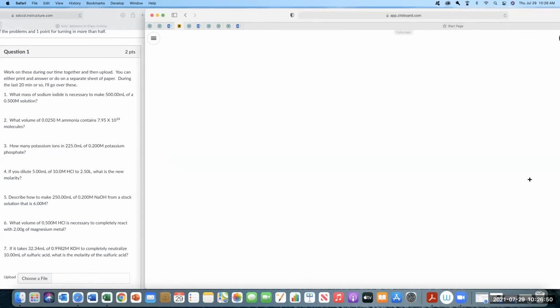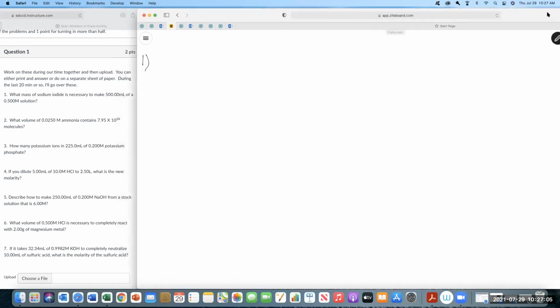All right, so the first one, we want a mass of sodium iodide to make 500 mils of a 0.500 molar solution. So the idea here is anytime that you have two numbers, it's not necessarily obvious where to start. So we want the answer to be in grams of sodium iodide. And if you look here, we don't have grams anywhere, but we can always get grams from the molar mass.